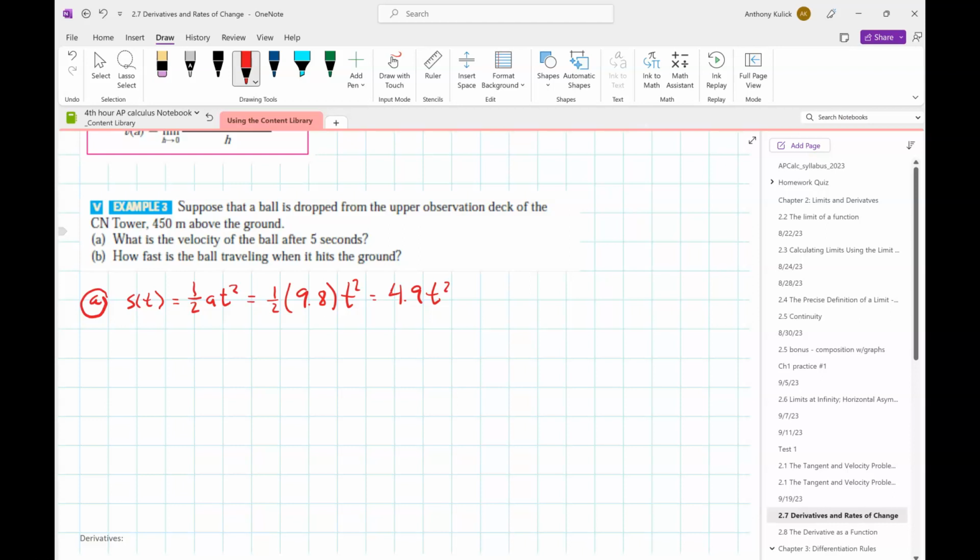If you're just dropping straight down 450, accelerating at 9.8, or if you're going straight up with an acceleration of 9.8 to 450, it's all going to be the same, if you're ignoring gravity. So there's my position. So that's my function, right? So my v of a is going to be the limit as h approaches 0 of s of a plus h minus s of a over h.